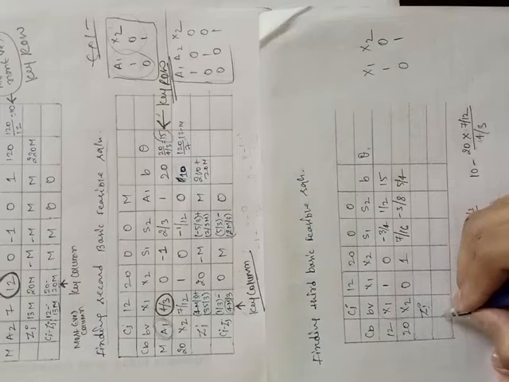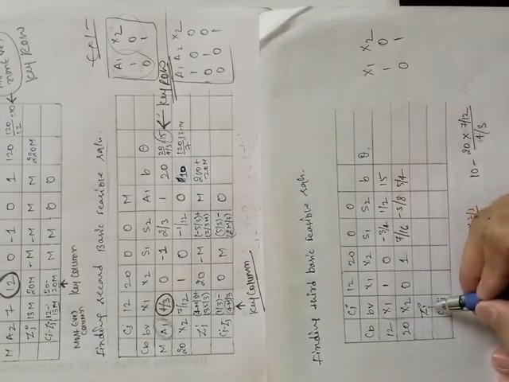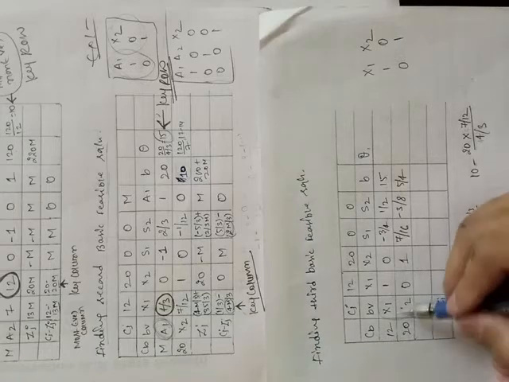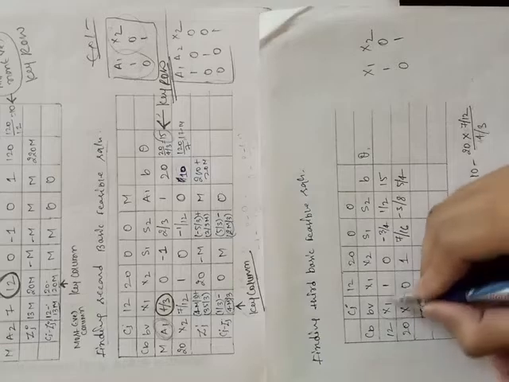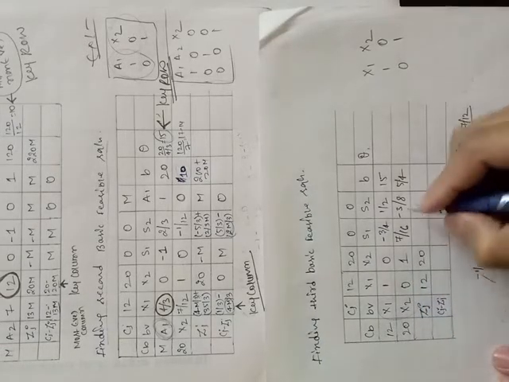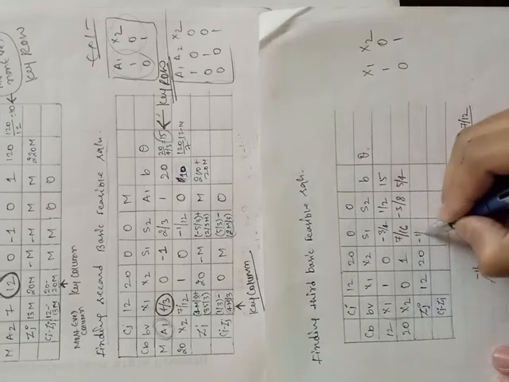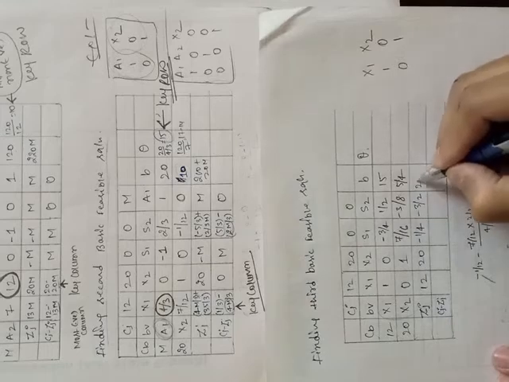Zj and Cj minus Zj. So as we know the formula of Zj, so 12 into 1 plus this 0, so 12, here 20, minus 1 by 4, minus 3 by 2, 205.